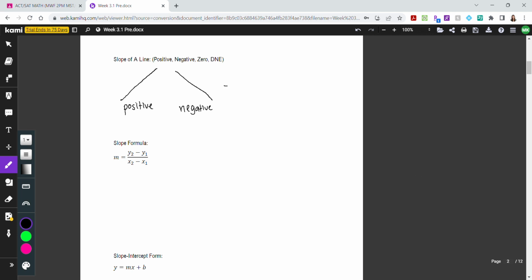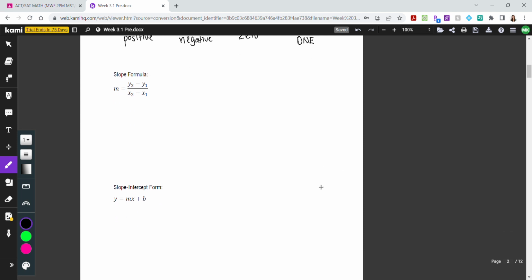If it's a flat line like this, that means your slope is 0. And if it's a vertical line like that, you don't have a slope. It does not exist.